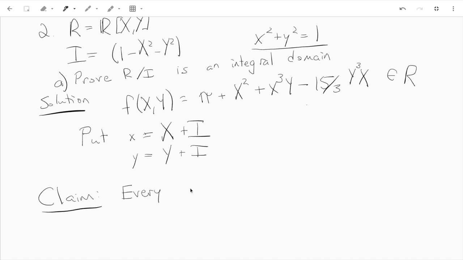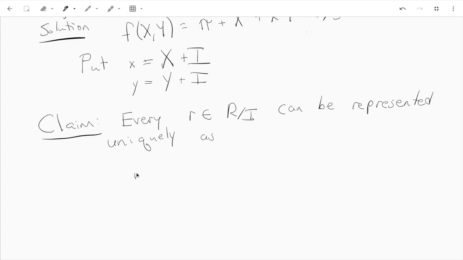Every r in R mod I can be represented uniquely as r equals r0 of x plus r1 of x times y, where r0 and r1 are just polynomials with real coefficients in x.